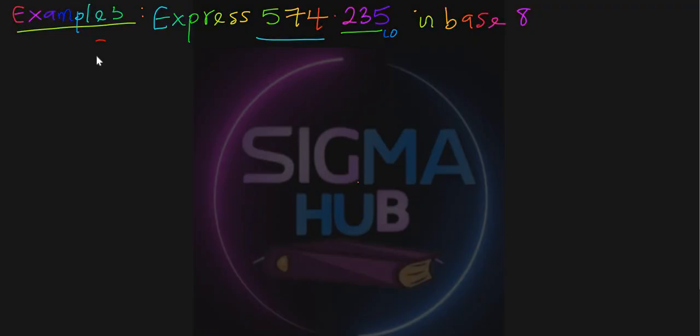So solution. We are going to be dividing them into 2 parts. That's the whole number part. So I'm going to be solving the whole number part first, which is 574.